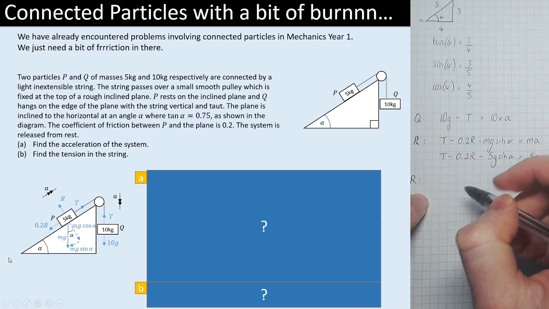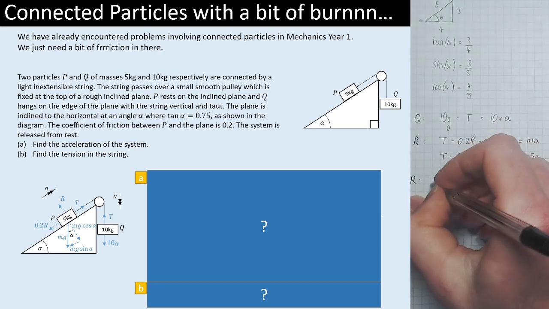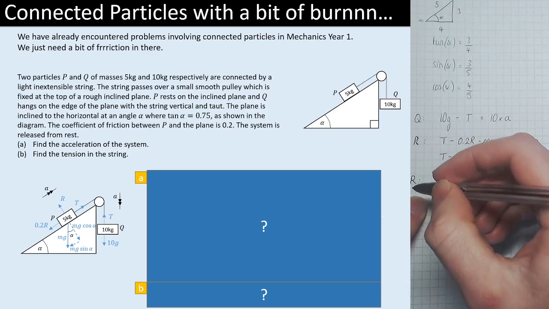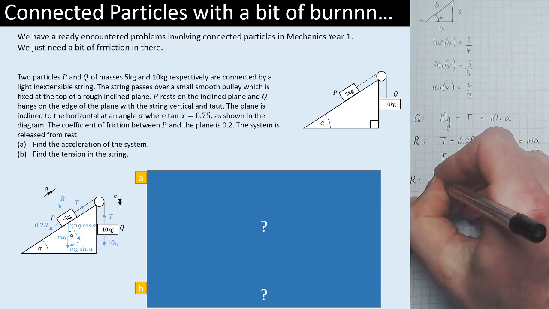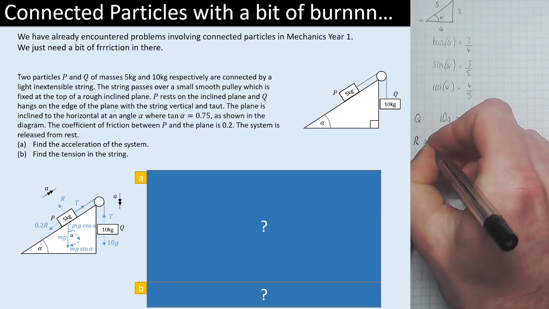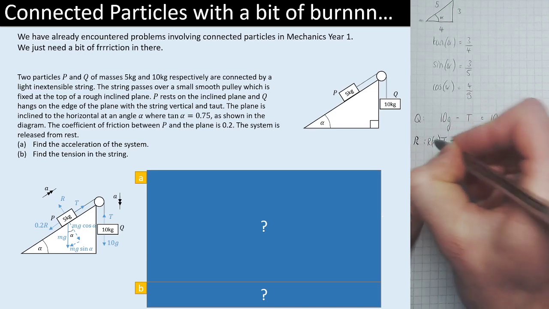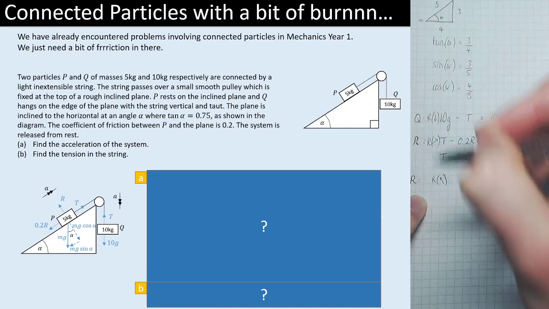Now, to find out what R is, I'm going to have to look at the components that go perpendicular to the plane. Okay, so we're going to resolve going perpendicular to the plane. Here we resolved going parallel to the plane, and here we resolved vertically.